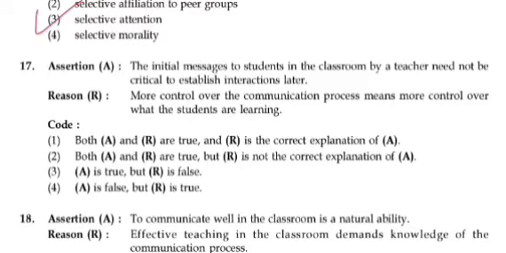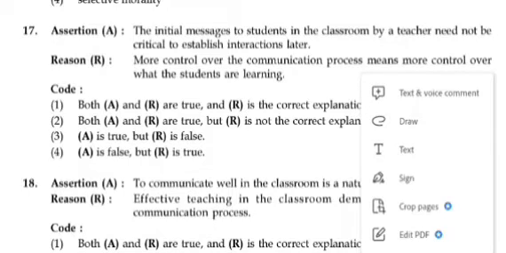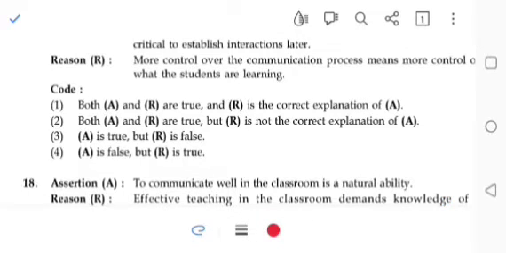Options: both A and R are true and R is the correct explanation of A; both A and R are true but R is not the correct explanation of A; A is true but R is false; A is false but R is true. For 17, it will be number 4. Assertion is false, but reason is correct. Number 4.